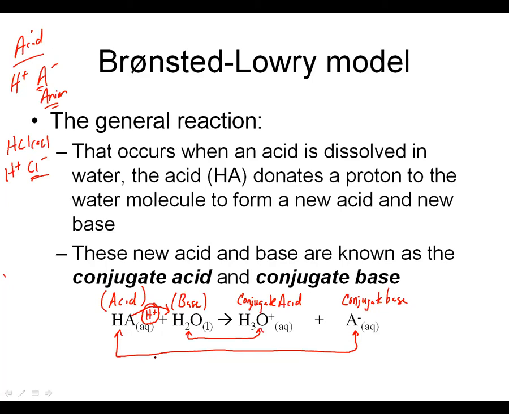So when we go from our acid to our conjugate base, it's one less H plus, while when we go from our base to our conjugate acid, it's one more H plus. That's a really important distinction: the idea of just one H plus difference.